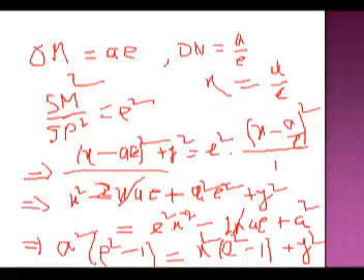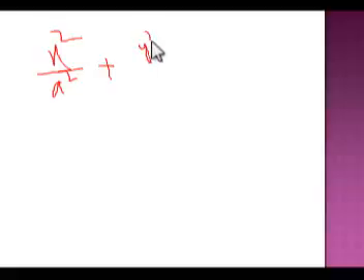Then we will get an equation in this form, x square by a square plus y square, e square minus 1 divided by 1.